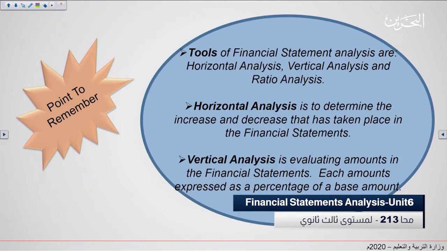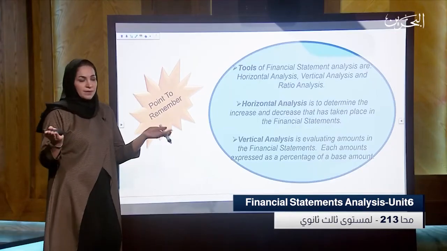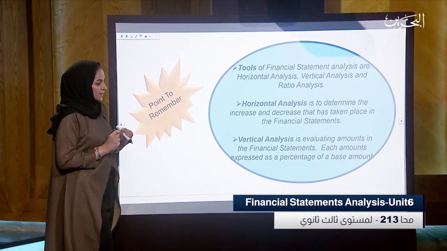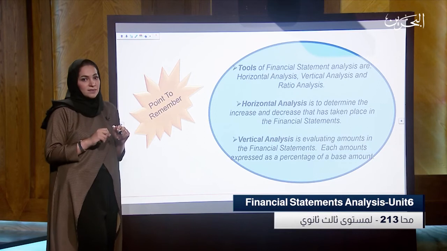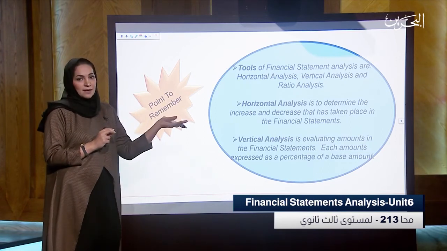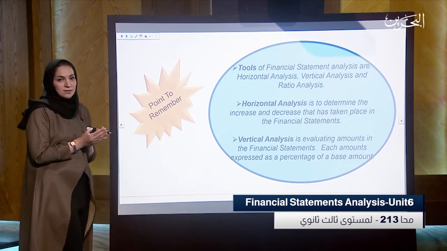Horizontal analysis is to determine the increase or decrease for specific financial statement data over a period of time. The vertical analysis is to evaluate the amount of financial statement data, with each amount expressed as a percentage of base amounts.